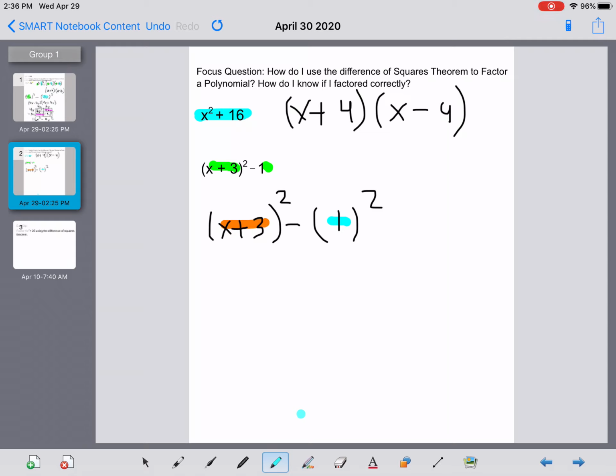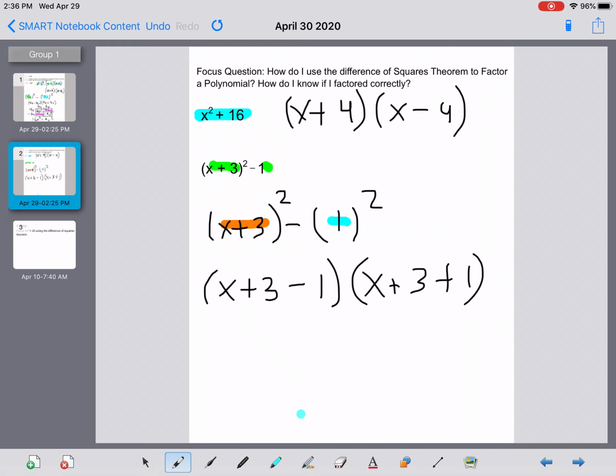So let's rewrite this as the quantity of a minus b times the quantity of a plus b. So it would be x plus 3 minus 1, times x plus 3 plus 1. Now, I could simplify this. What's 3 minus 1? It's 2, so x plus 2. What's 3 plus 1? It's 4. x plus 4.